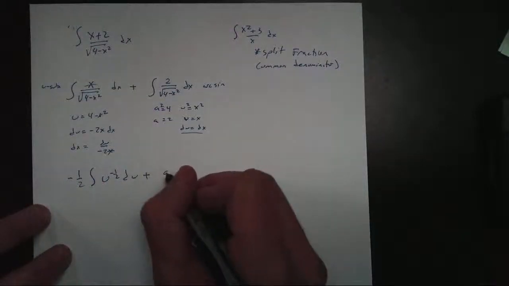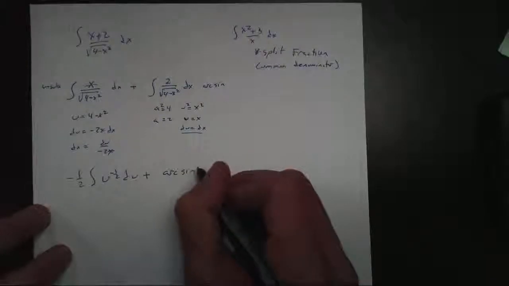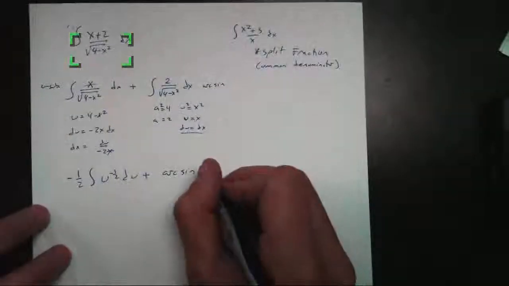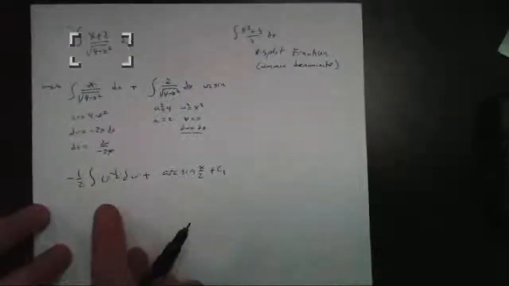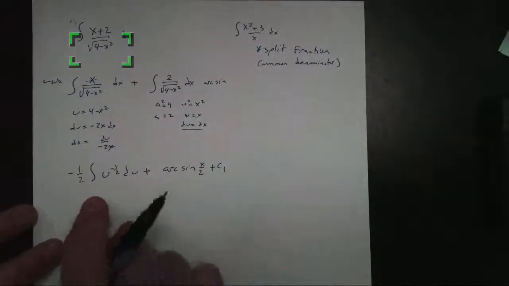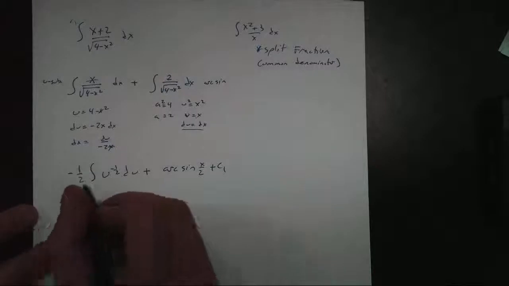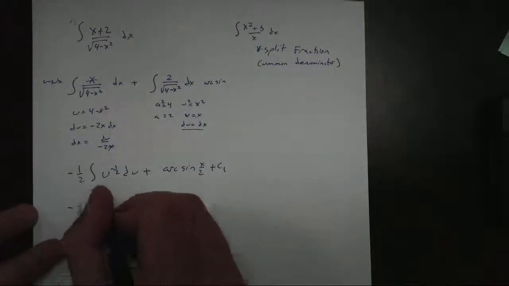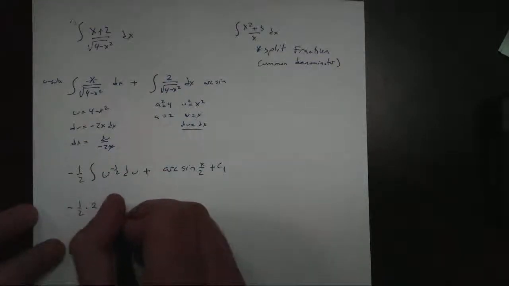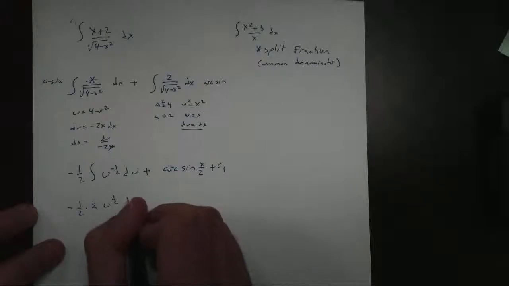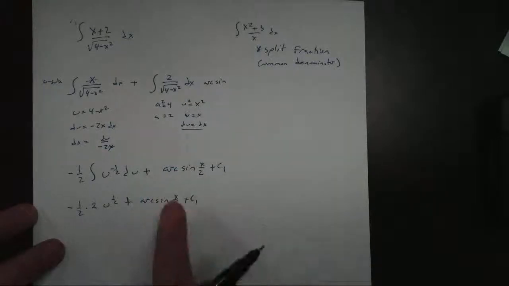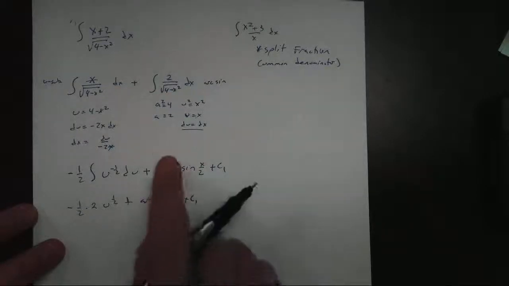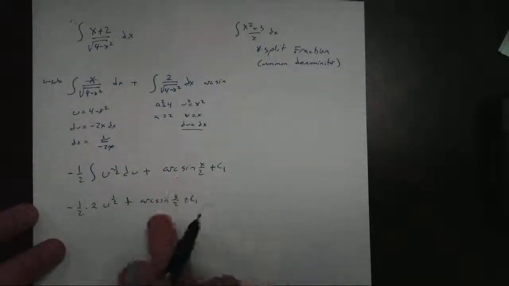This is plus the arc sine of u over a, x over 2, plus c1. Now, I'm not finished because I still haven't taken this antiderivative. This becomes negative 1/2 times, add 1, 2u to the 1/2, plus the arc sine of x over 2 plus c1. Don't take the antiderivative again here. We're done with the arc sine one.